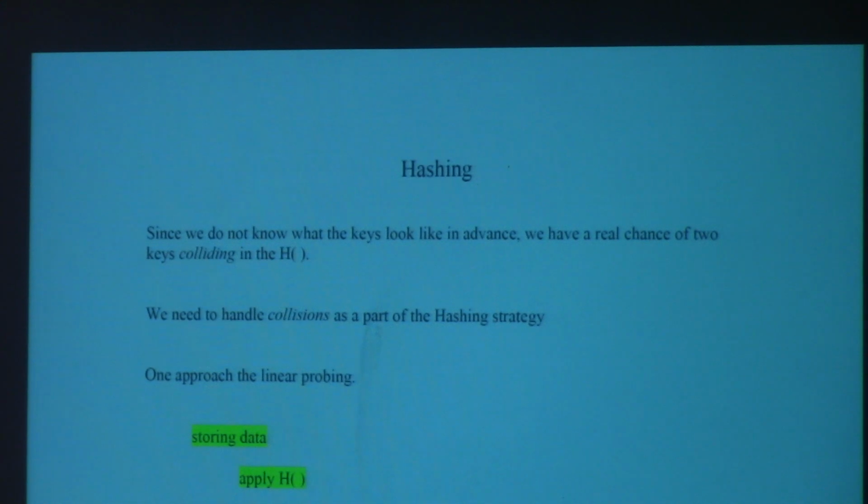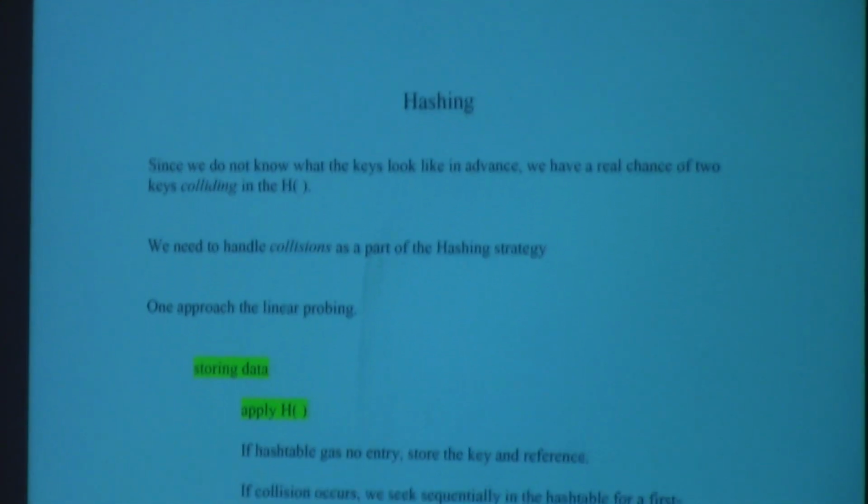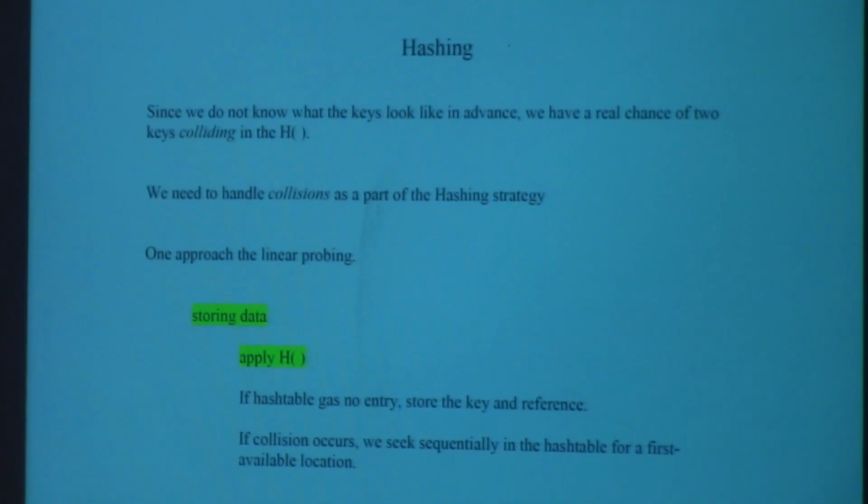Now, typically when we create a hashing situation, we do not know in advance what the keys are going to be. So therefore, the only way we can actually find out whether our hashing function is going to be efficient is to make a simulation, generate a set of keys that may look like the future keys, and see what the performance is going to be.